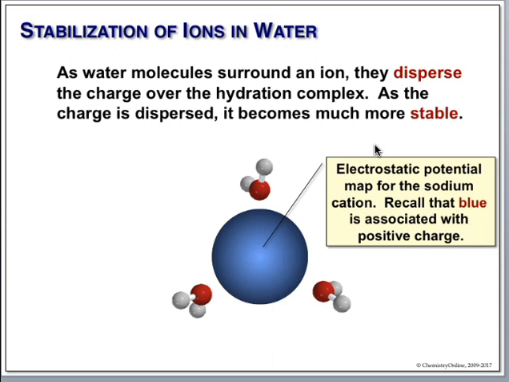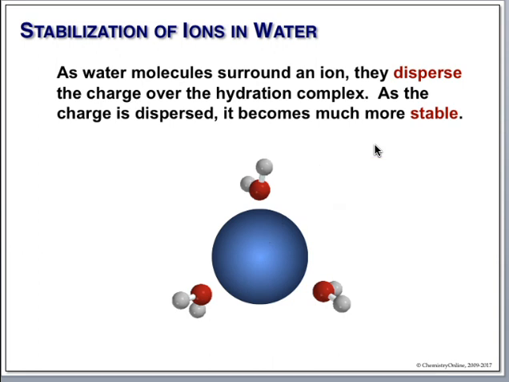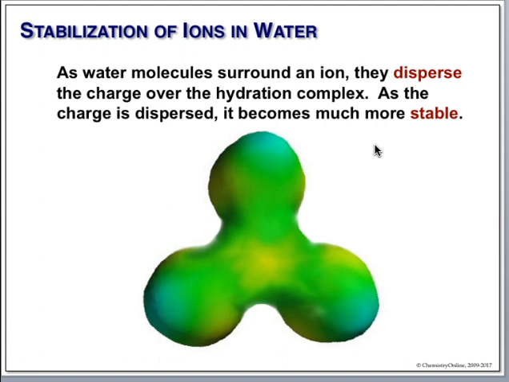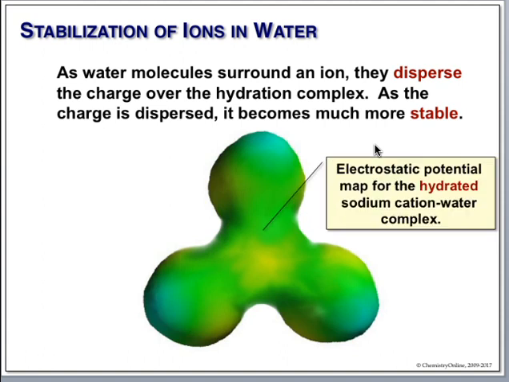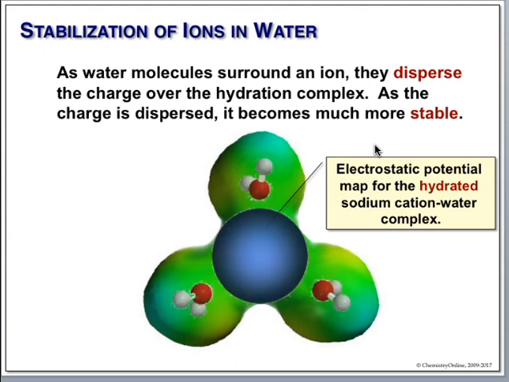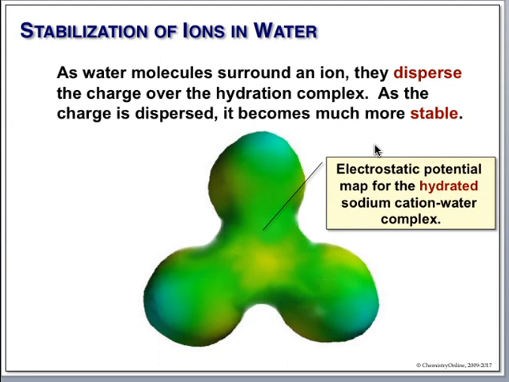I can take my computer and calculate the electrostatic potential map for the whole thingy, and when I do, I get this. And the striking thing here is that this big blue ball that was right here is totally gone. We've taken this positive charge and distributed it over these 3 water molecules.